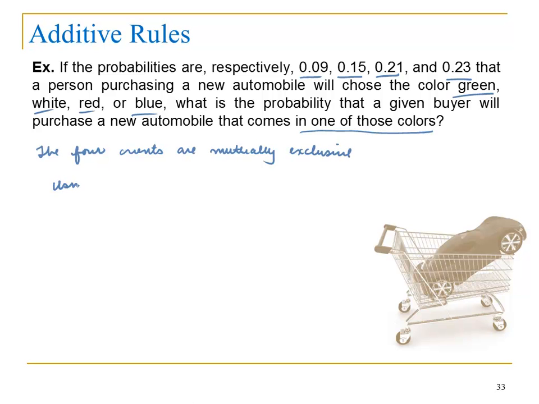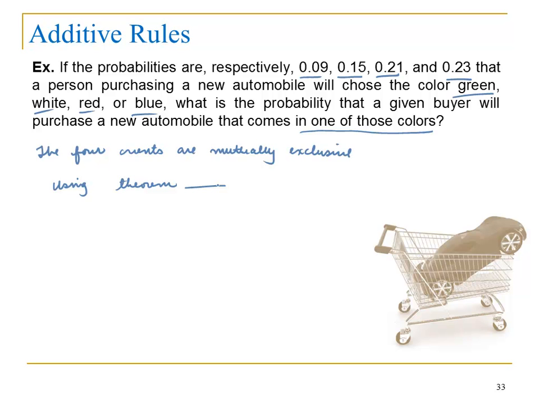So using theorem 2.7, we can compute that probability. So the question is, I want to know what is the probability that someone will come to the dealer and buy a car from one of these colors.